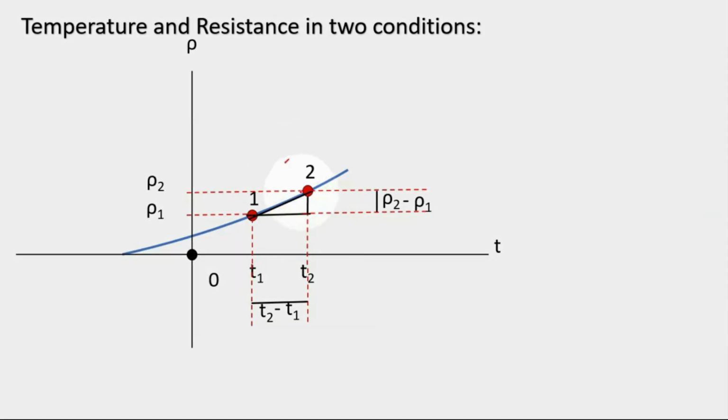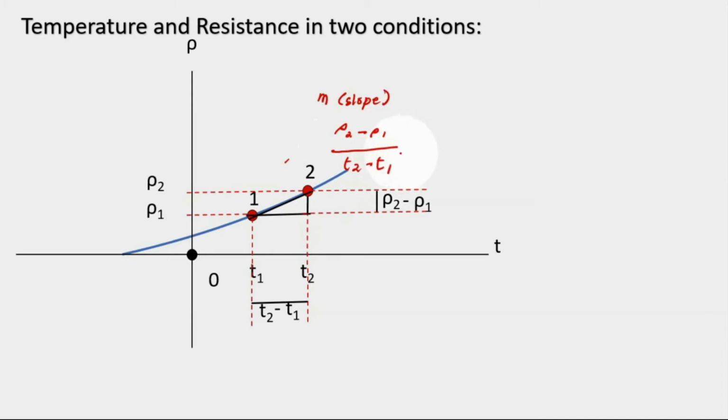Now the slope, which we call m, is rho sub 2 minus rho sub 1, which is the vertical length, divided by the horizontal length, which is T sub 2 minus T sub 1.